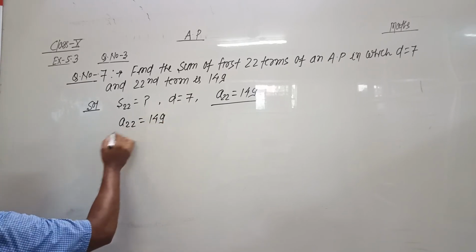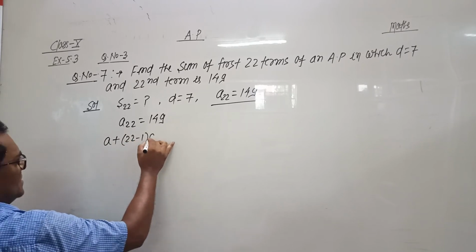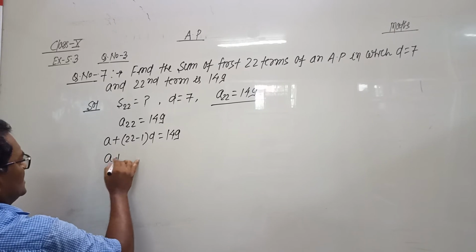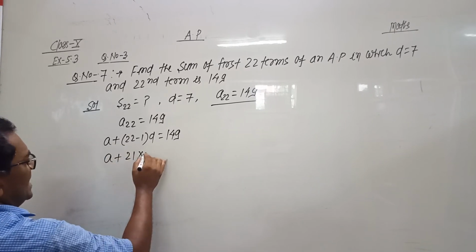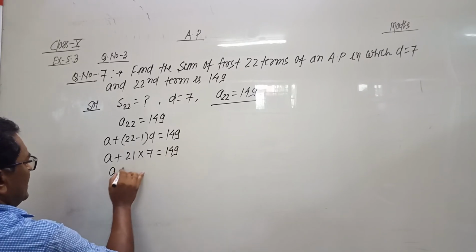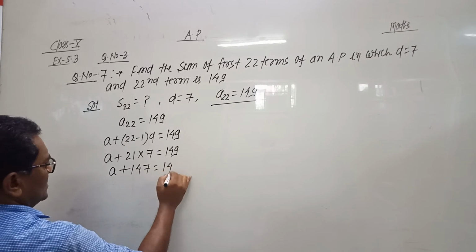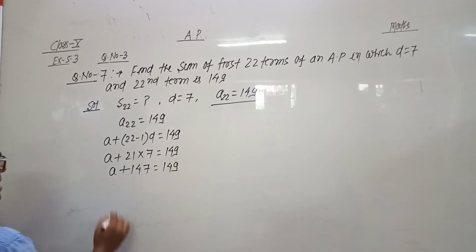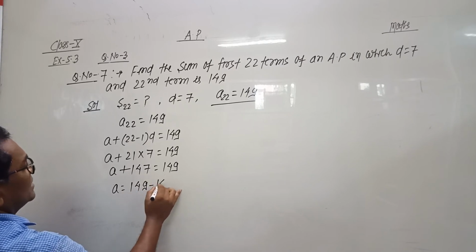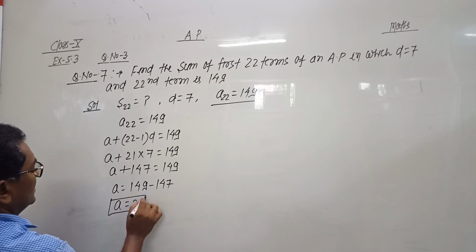The formula will be used: a plus (22 minus 1) d equals 149. a plus 21 into the value of d, which is 7, equals 149. a plus 147 equals 149, and the value of a comes to be 149 minus 147. The value of a is 2.